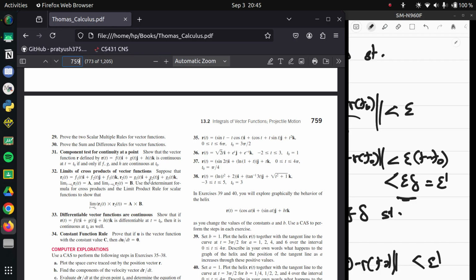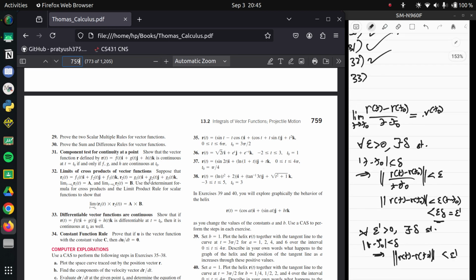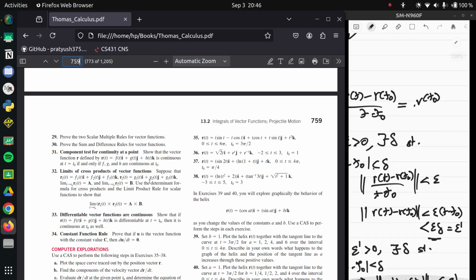Because if this inequality holds true every time t minus t naught is less than delta, it also holds true whenever t minus t naught is less than delta dash, right? Yes. So there exists a delta strictly less than 1.